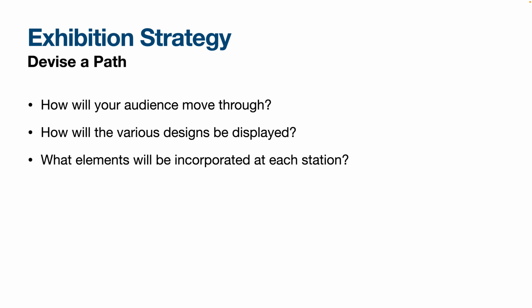So we're talking about path in the sense of how are you going to physically move through that space? How are you going to work with that space? How are you going to be indicating inside of the space for them to continue to move in the proper direction?